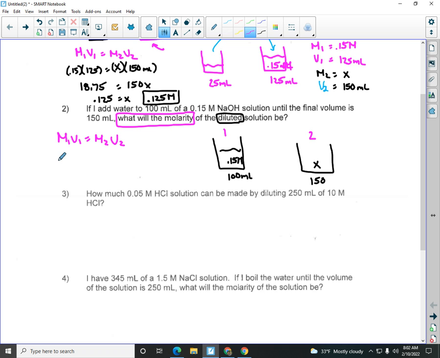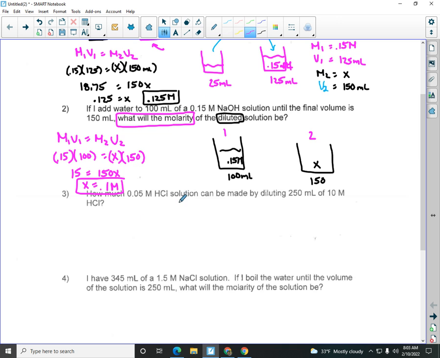I'm going to do 0.15 molar times 100 milliliters equals X, which is my molarity 2, times my volume 2, which is 150. So this is going to be 0.15 times 100, which is 15, equals 150x. X is going to equal 0.1 molar.